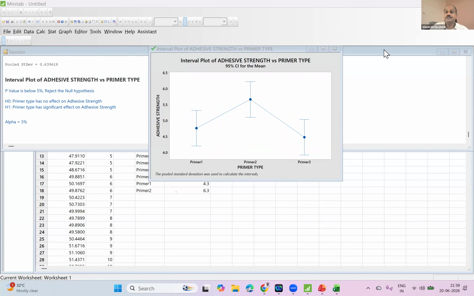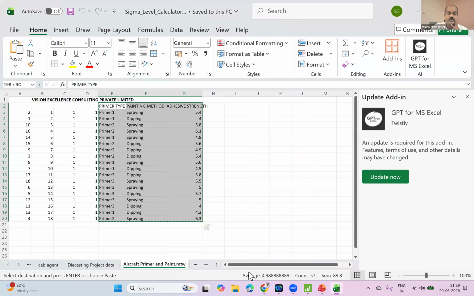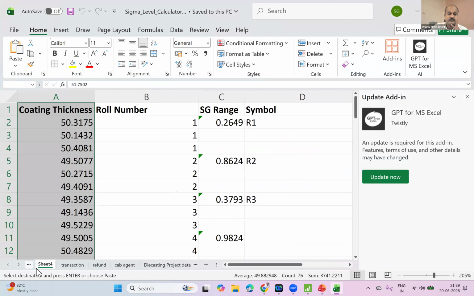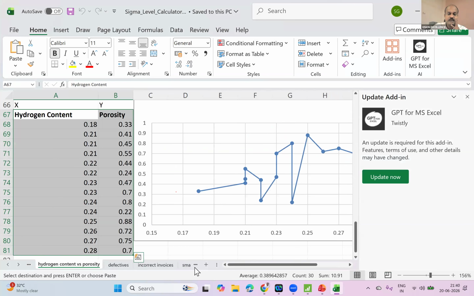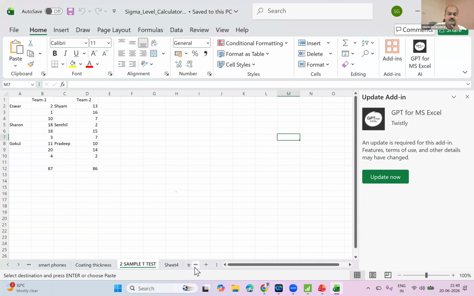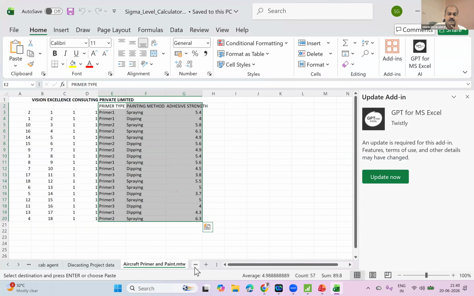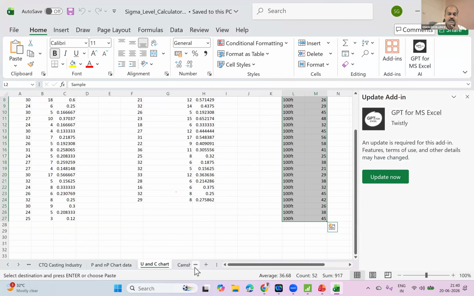I'll now tell you another scenario of using ANOVA. This was a kind of painting process. Now let's take a hospital scenario. LabTAT is the file. Where is LabTAT?